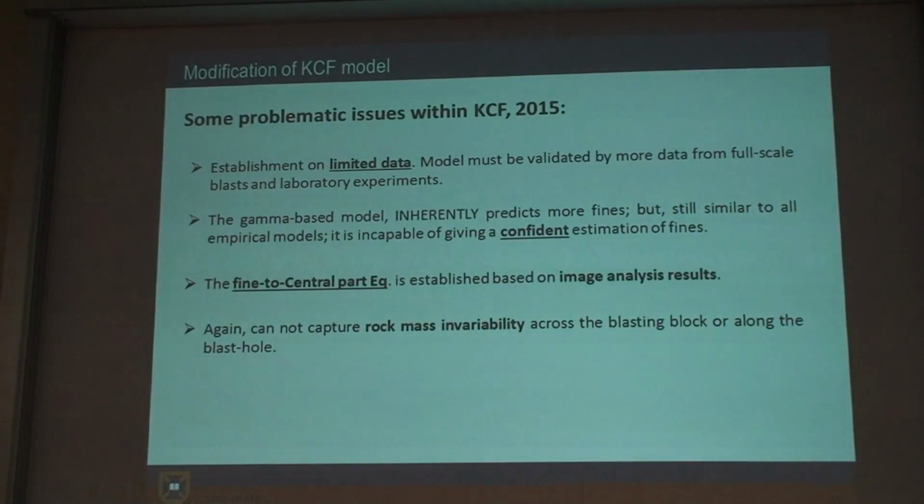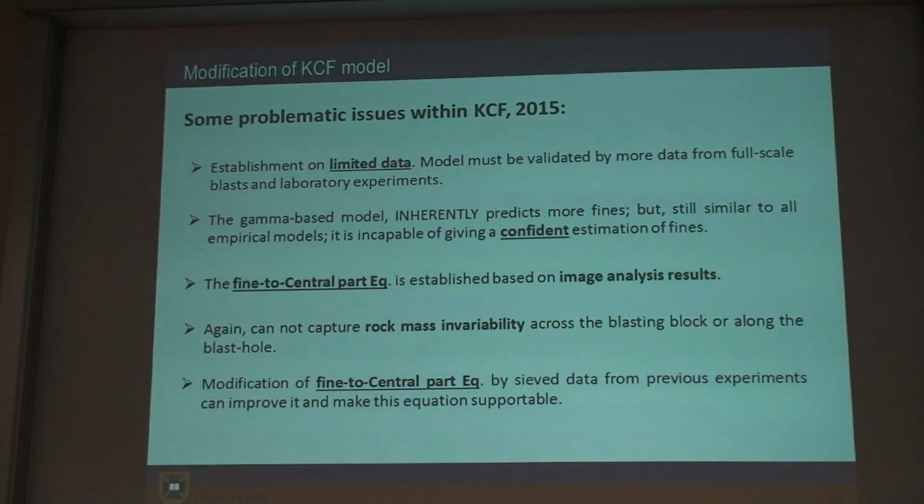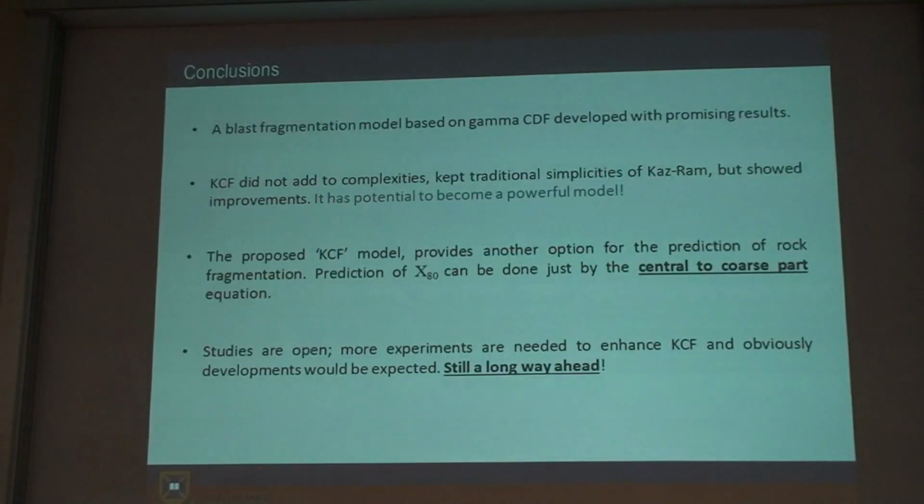And again, it cannot capture rock mass variability across the blasting block or along the blast hole, because generally all empirical models are for single hole blast, and give us an idea about fragmentation for just one blast. And modification of the fines to central part equation by sieve data from previous experiments can improve it and make this equation more supportable.